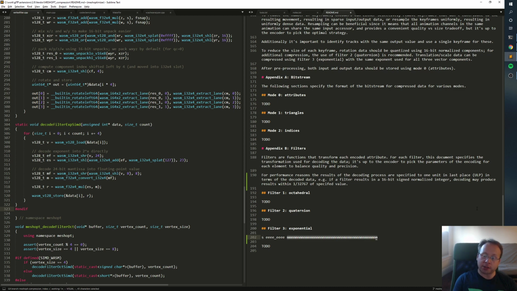And mantissas usually, unless the exponent is 0, have an implied 1 bit in the beginning. So the resulting floating point value is s times 2 to the power of e times 1.fraction, where the sign is plus or minus 1, and also the exponent is biased, but it doesn't really matter.